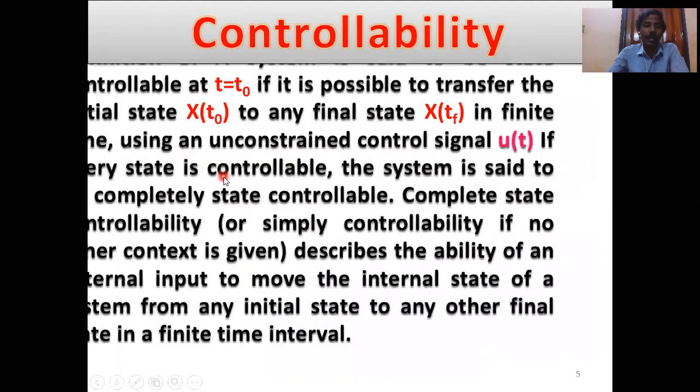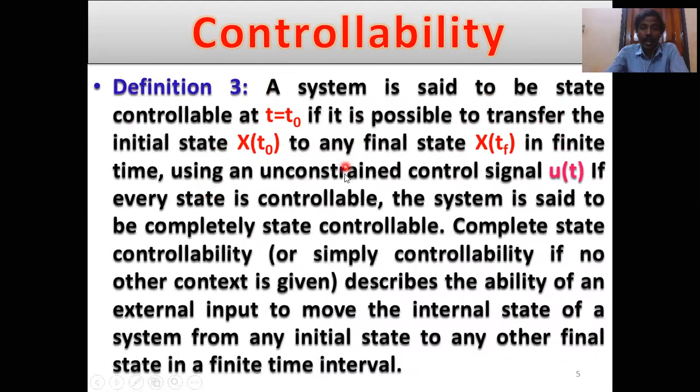And another definition, this is definition 3. What is the controllability definition? A system is said to be state controllable at t equals t0 if it is possible to transfer the initial state x of t0 to any final state x of tf in finite time using an unconstrained control signal u of t.